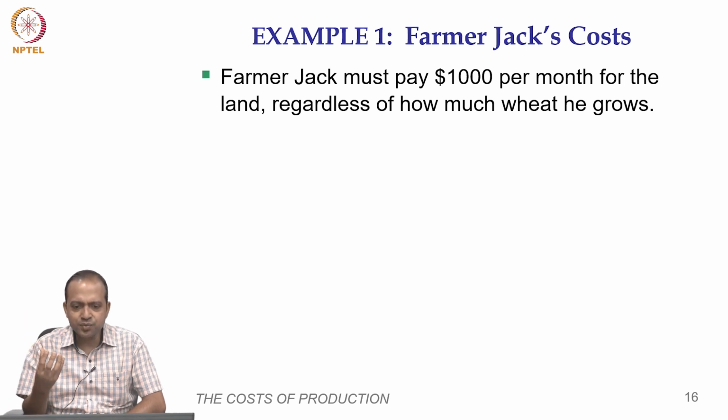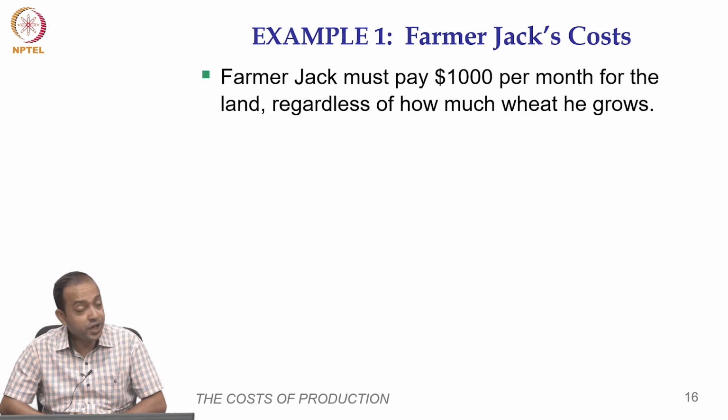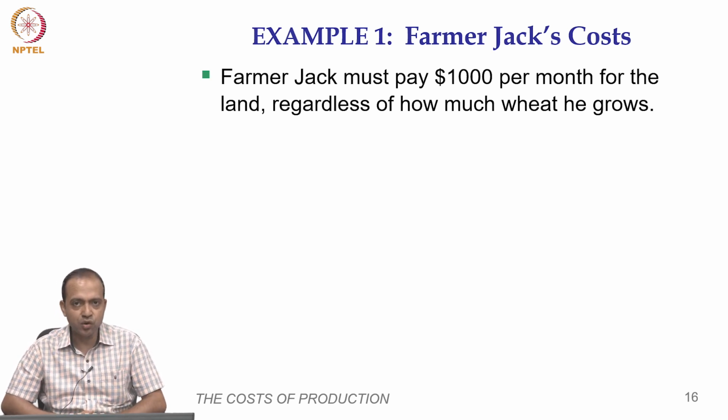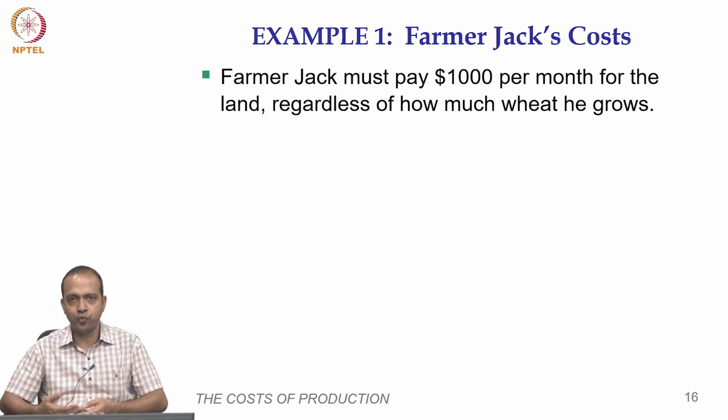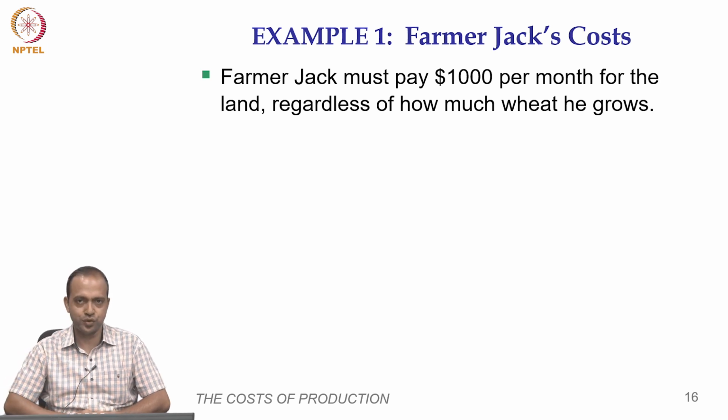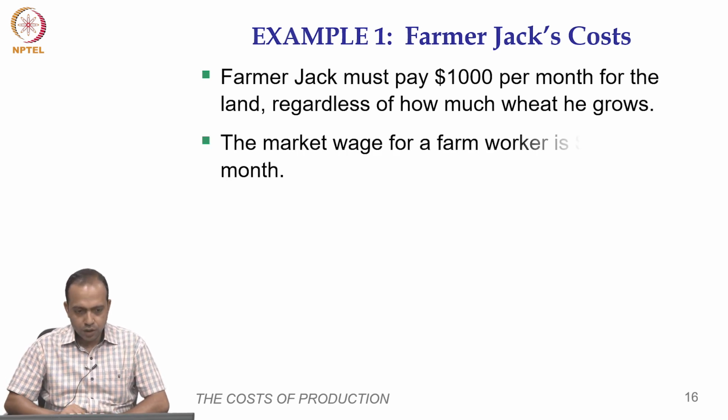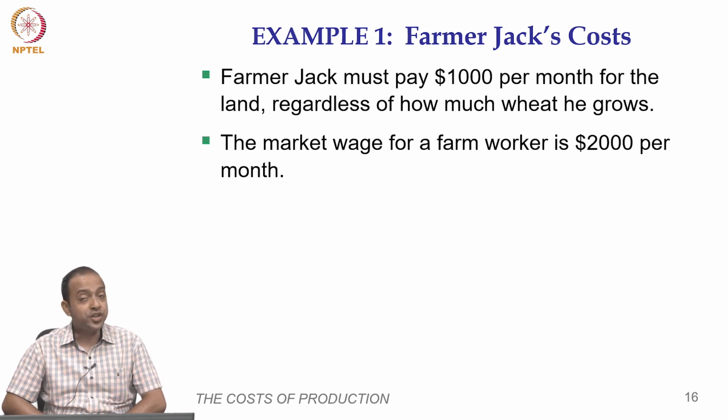So, Jack is basically renting the land from someone else, for which Jack must pay $1,000 irrespective of whether he produces wheat or not, irrespective of the amount of wheat that he is going to produce. Okay.